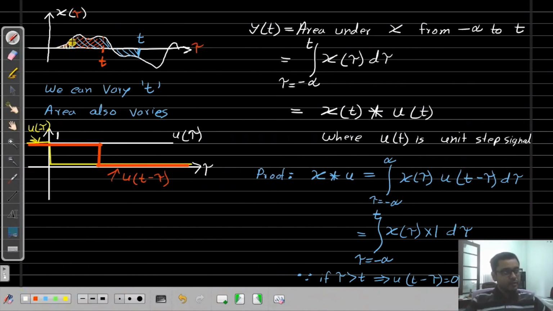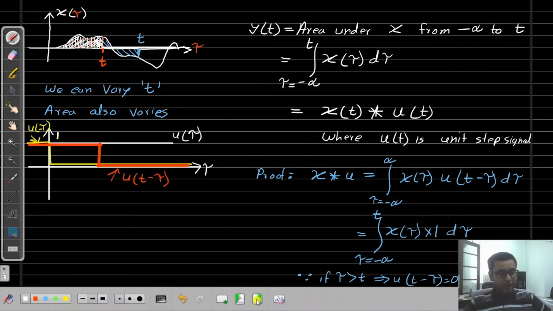It will be like x up to this point of time. After that it will become 0, so it will remain non-zero up to this point of time only, and when you calculate the integration, you will get the area up to this point. That's how to visualize this formula.